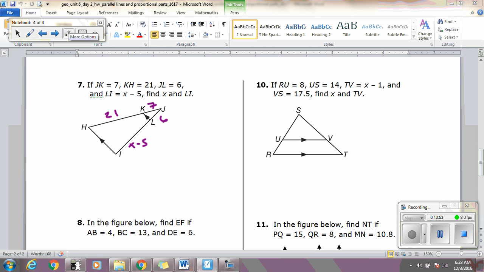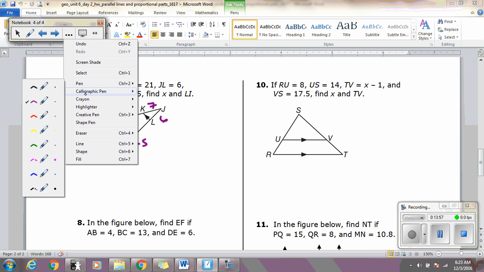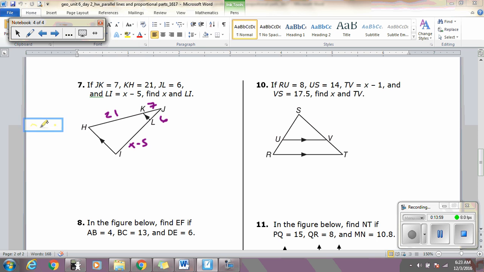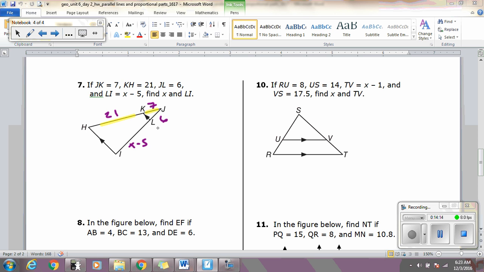So, since I do have the 4 parts on those two sides, I can say part is to part as part is to part.